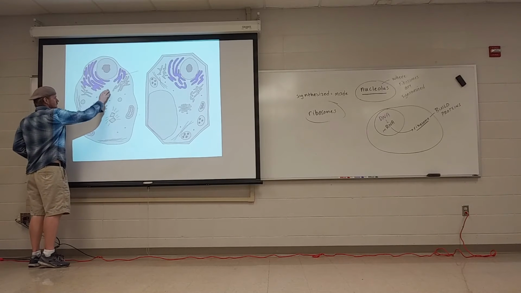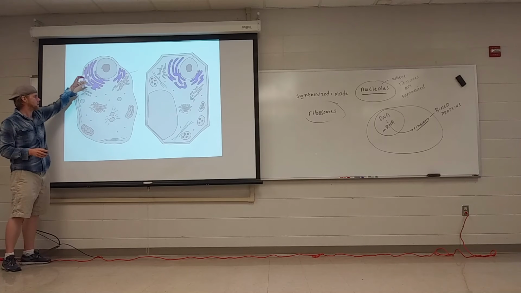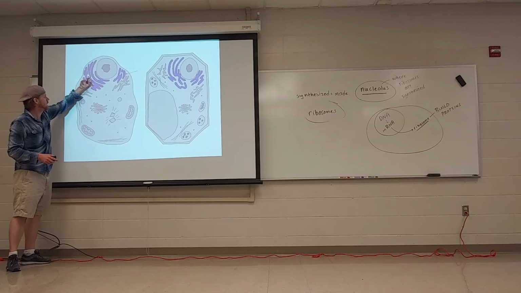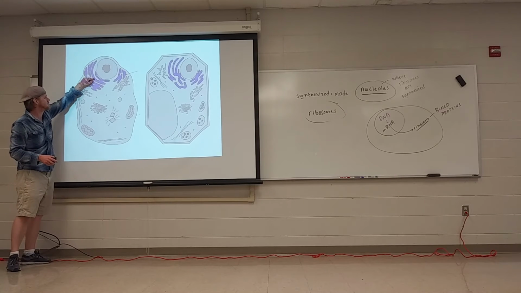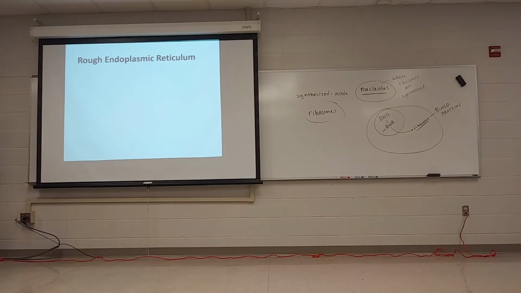This is cytosol. This is membrane. And so in this blue area, unique functions are going to happen isolated from the rest of the cytosol in this compartment. And there's various compartments you can see there. So the rough endoplasmic reticulum is made up of endomembrane. It's called rough because it has ribosomes on it.